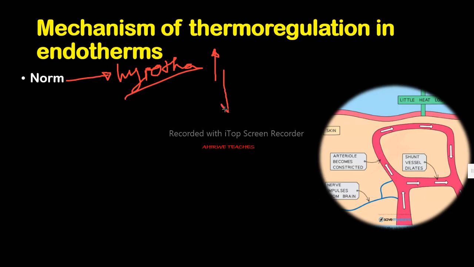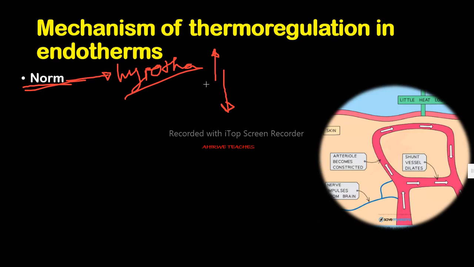Similarly, when it goes below, it will know that it's below the reference point. And usually, this reference point is the actual optimum temperature that is needed by our enzymes and other body physiological activities to occur at their best.